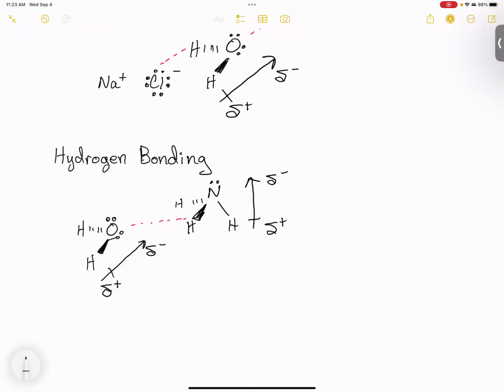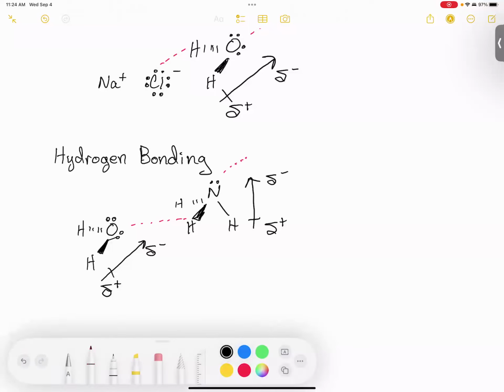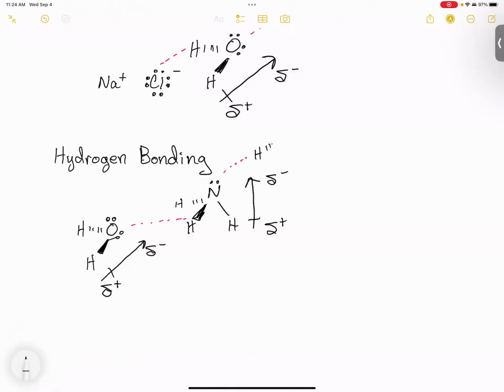The nitrogen could then, in turn, hydrogen bond as well to another hydrogen in another polarized water. And we could continue and continue and continue.